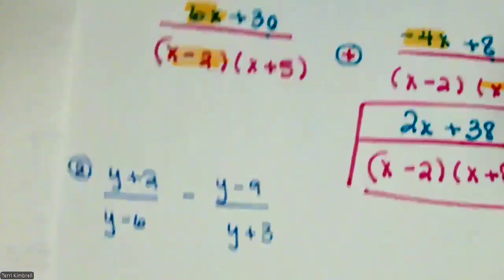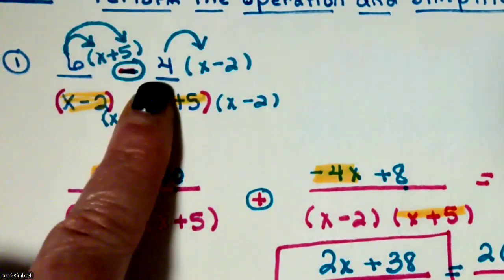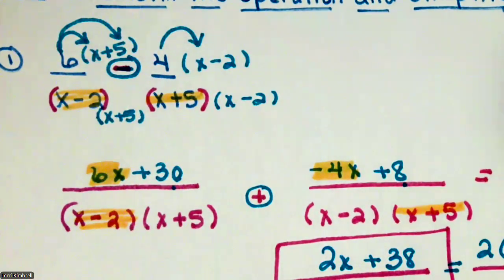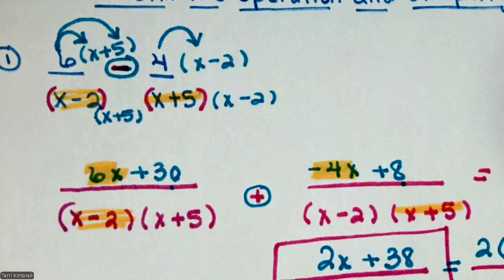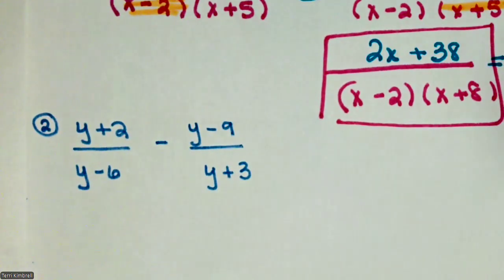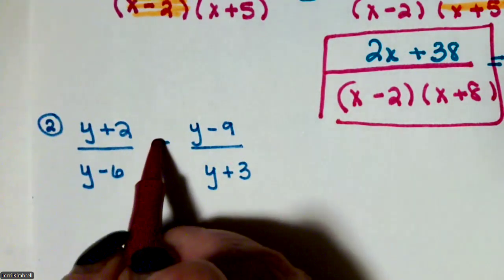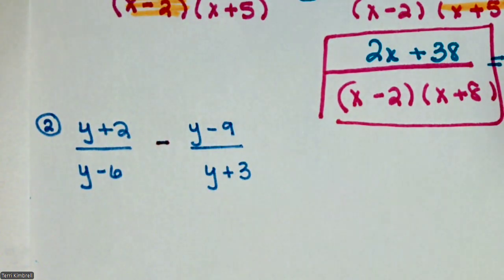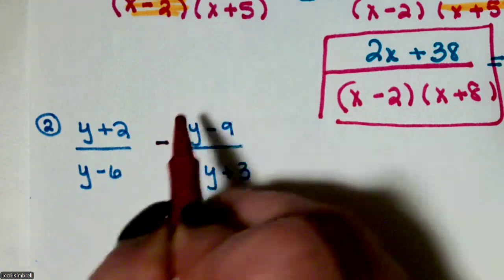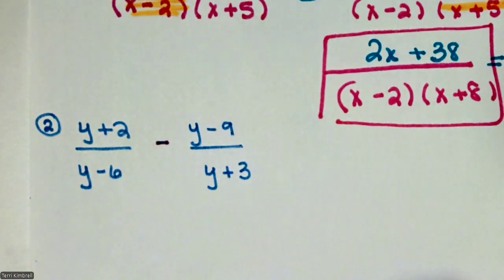Now, when you have a minus and you have one term, you can look at it like that. But when you have two terms, this minus has to go to both of those terms. So I recommend going ahead and putting a parenthesis here and getting that distributed.